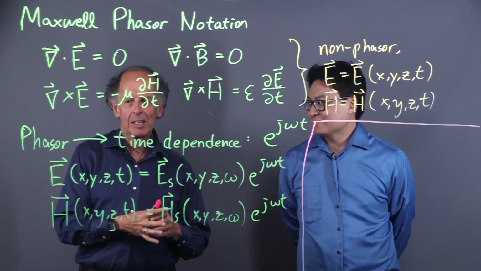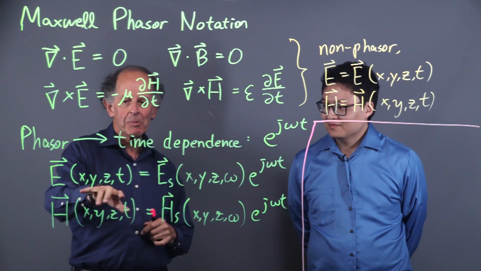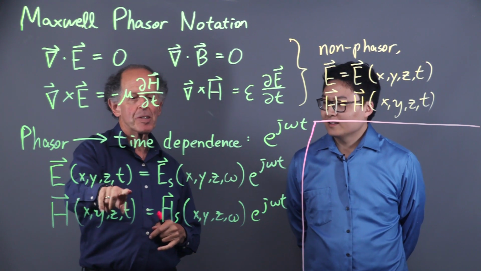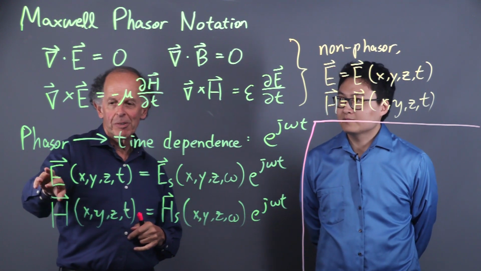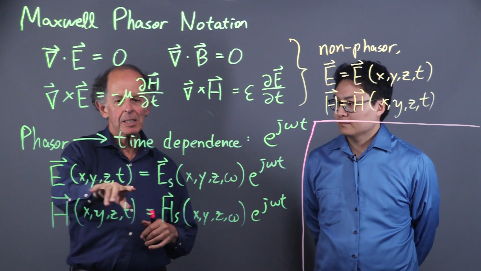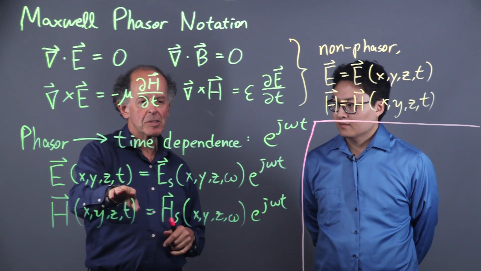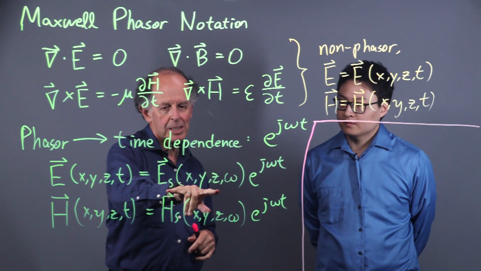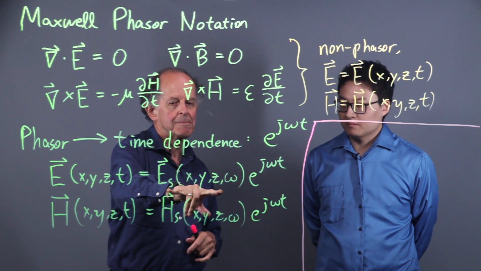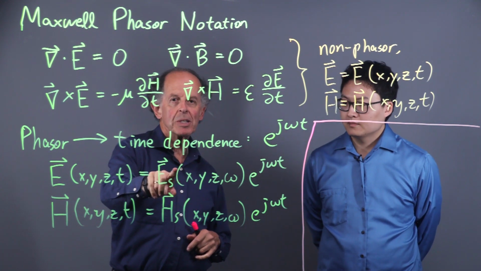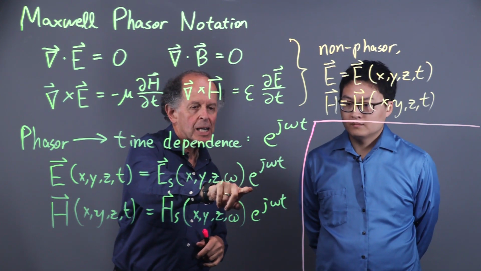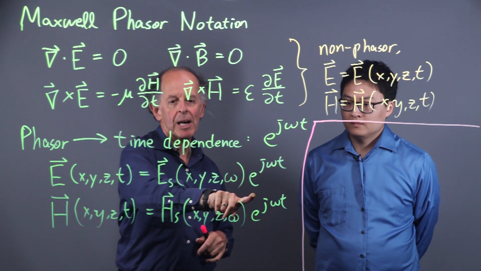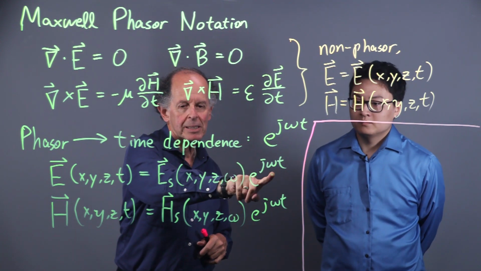It's just there. Now, to make it easy, we're going to split off the space and time dependence. So for example, the electric field, which depends on space and time, we're going to represent as the space part, and S stands, as we know, for sinusoidal, times a sinusoidal time dependence, e to the j omega t.